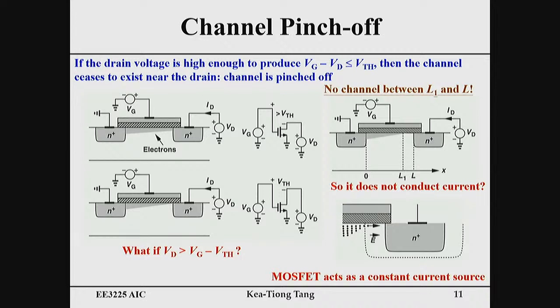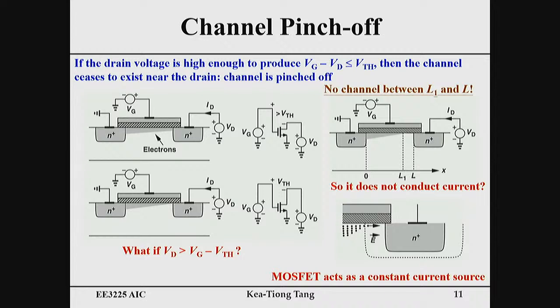And this point is called pinch off, okay? And we assume that after pinch off, if we keep increasing the drain voltage, the channel will shrink toward the source side. But remember our assumption, we said that we assume L1 is very close to L.